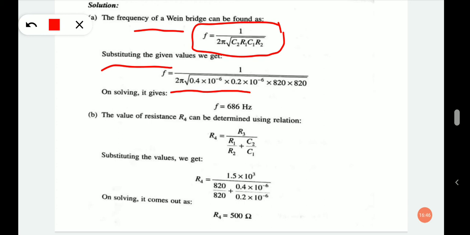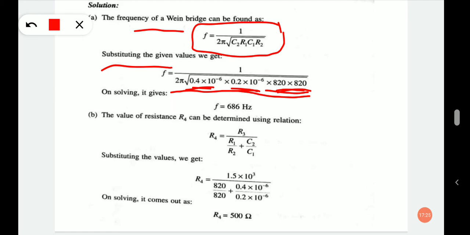After substituting, the expression will be 1 upon 2 pi square root of C2, which is given as 0.4 microfarad, so 0.4 into 10 raised to minus 6, then C1 is given as 0.2 microfarad, so 0.2 into 10 raised to minus 6, and R1 and R2 both are given as 820 ohm, so into 820 two times.